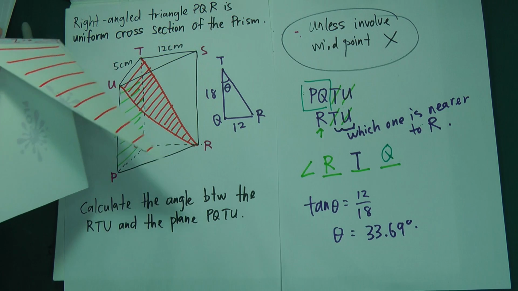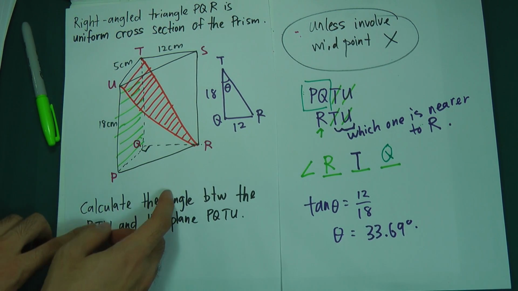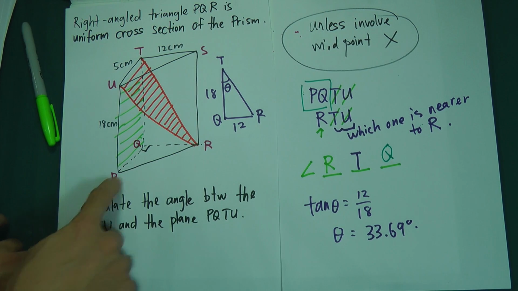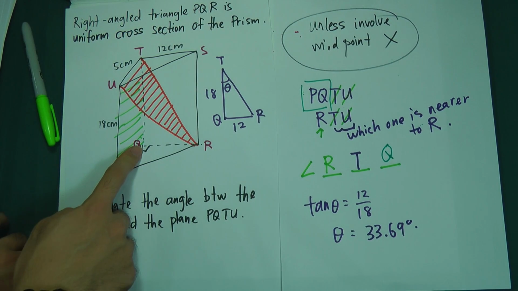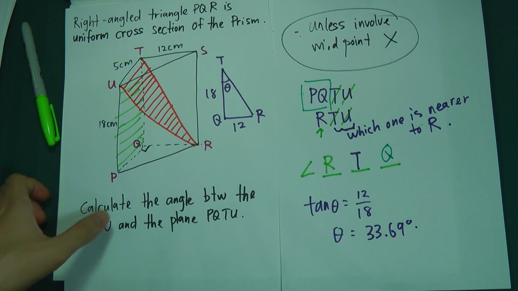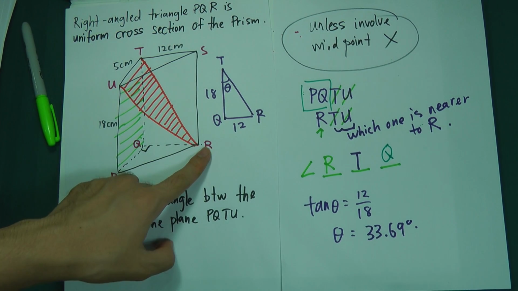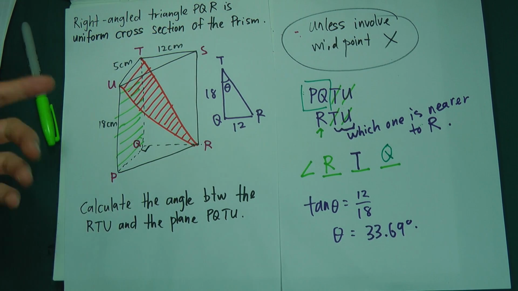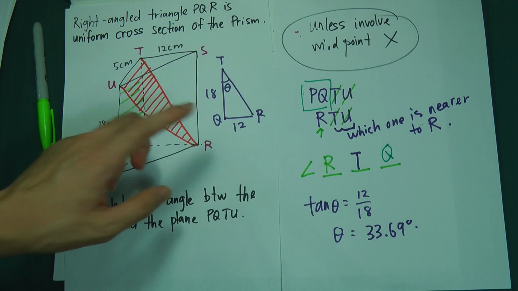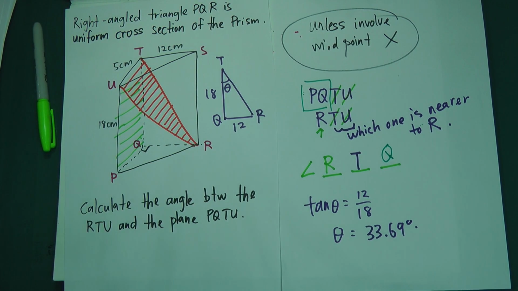So now you have to decide whether you want to draw a triangle for RUP or RTQ. This is the difficult part. Most students cannot understand. They might draw a triangle for R, U, and P. But you have to think in logic.